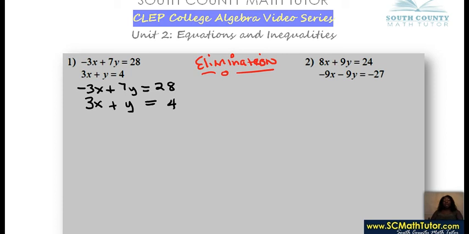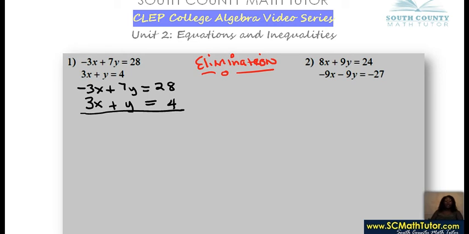Now you want to look at it and see, can I cancel a variable? Well, notice how -3 plus 3 will give you 0. So that's good, you can eliminate the x's. You can add the equations together so that you can eliminate one of the variables, specifically here the x.